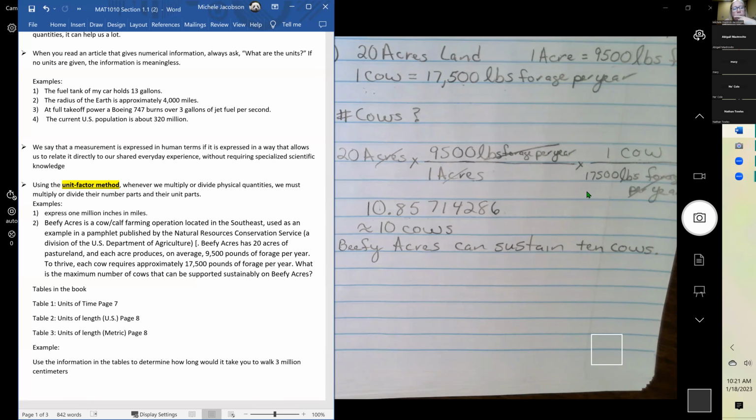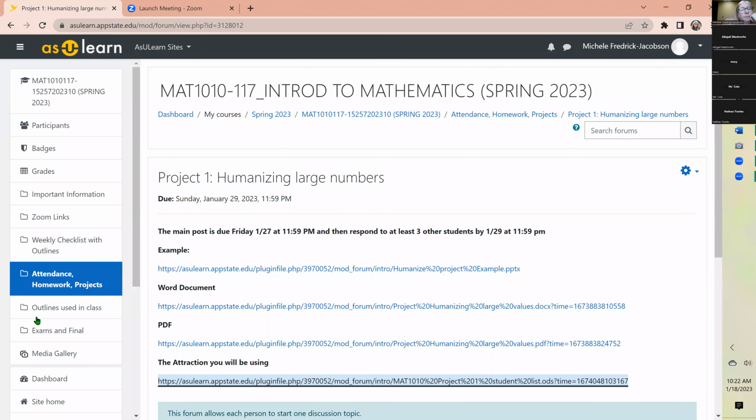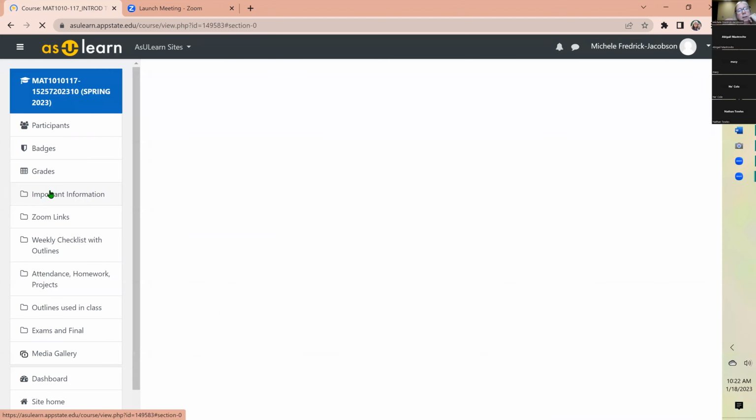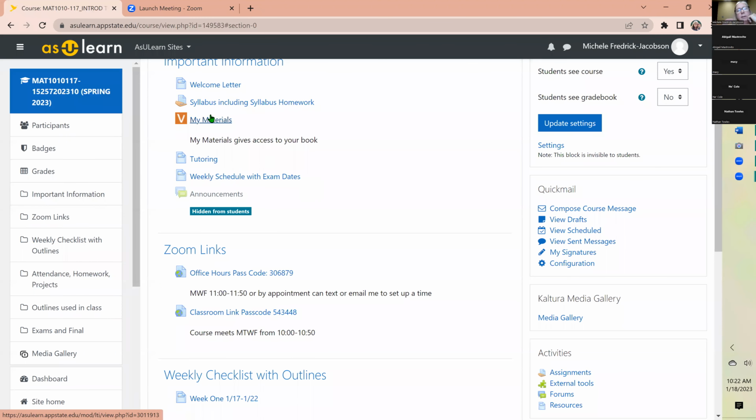No. Okay, there are some tables in your book that break down units, which are kind of nice. The book under important information is right here.